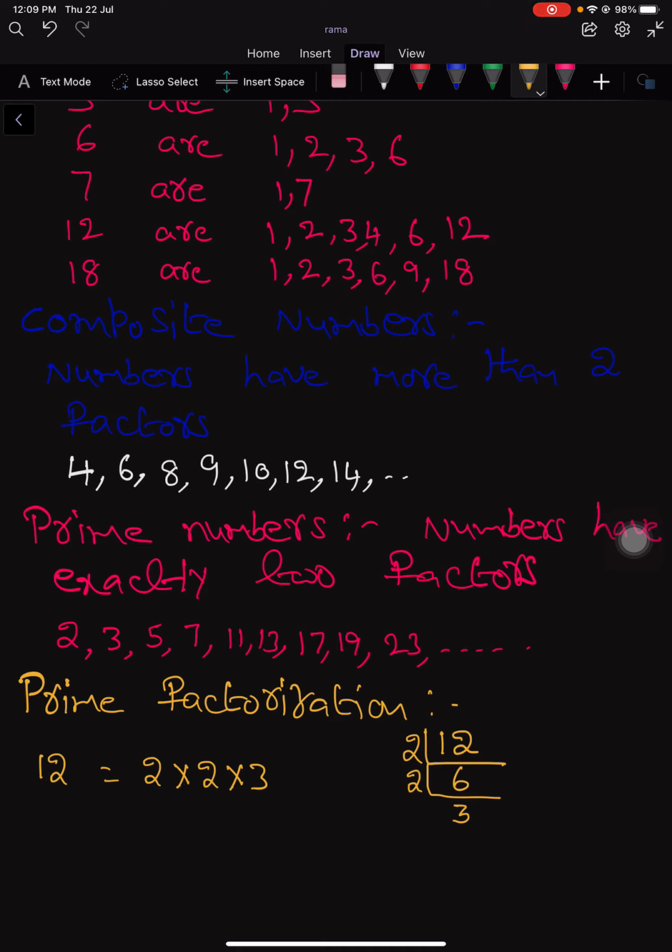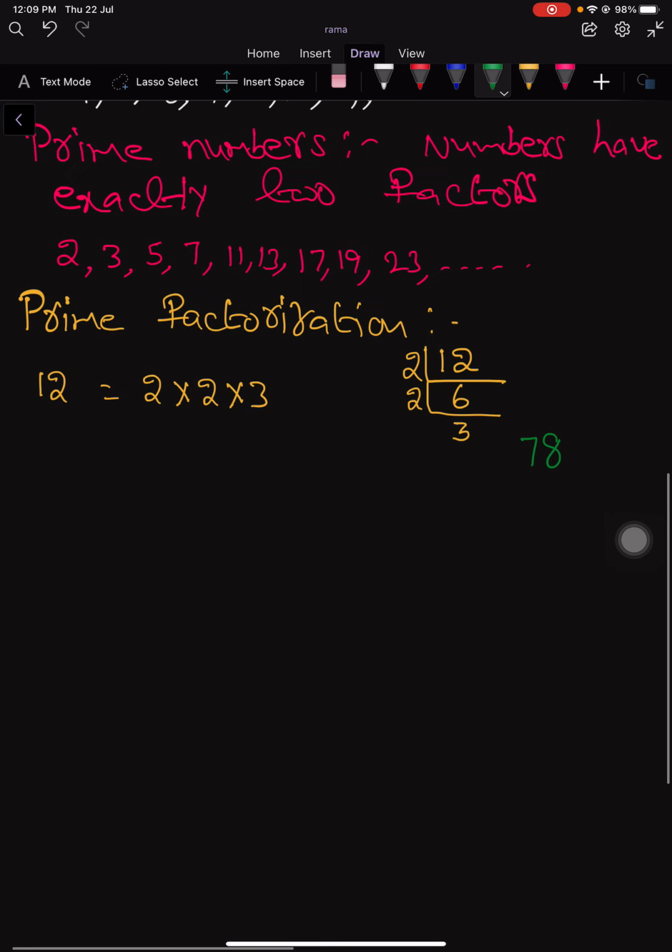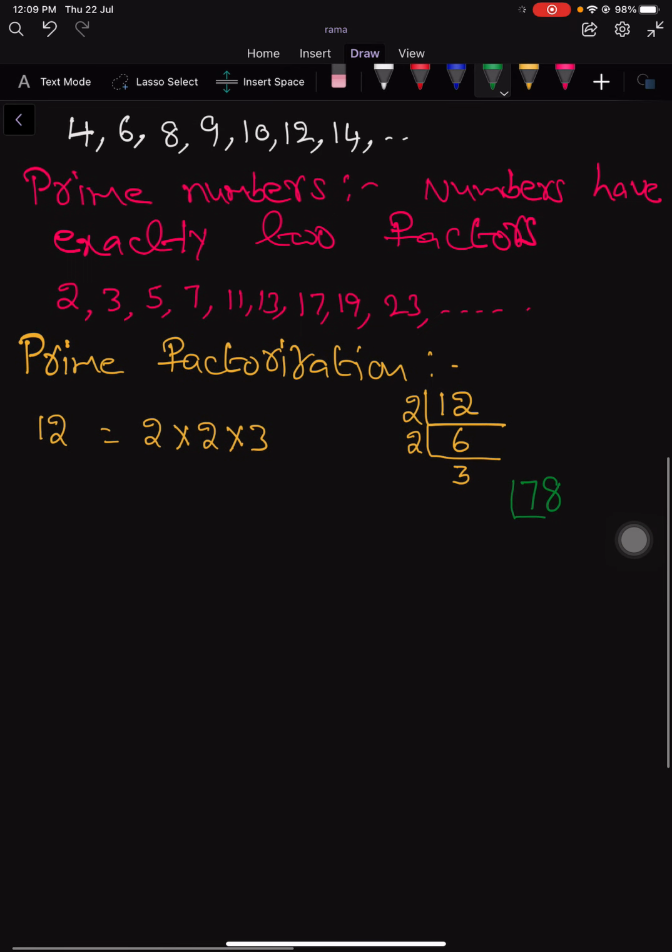Again, I am taking one more example. Now I am taking 78. 78 is divisible by 2. 2 threes are 6, 18. 2 nines are 18.